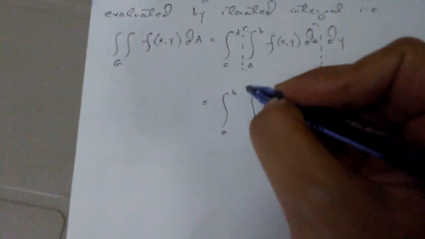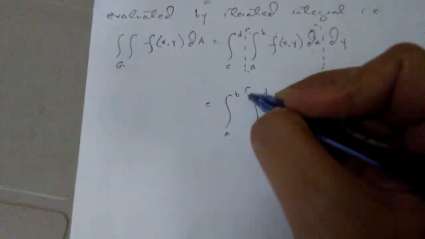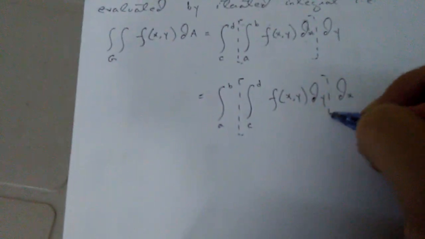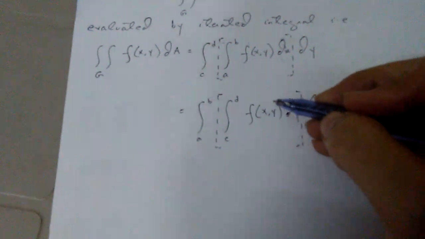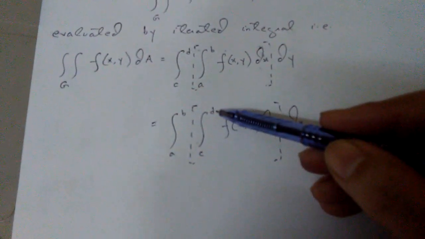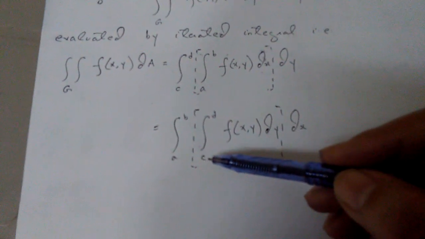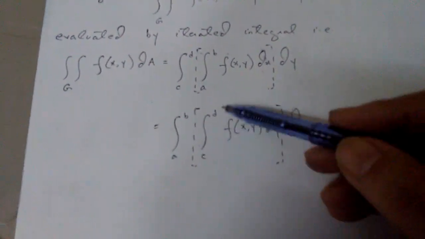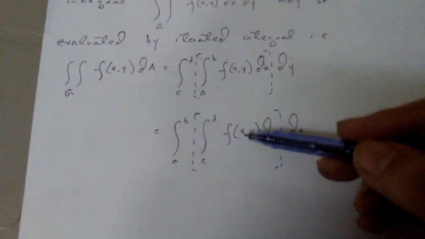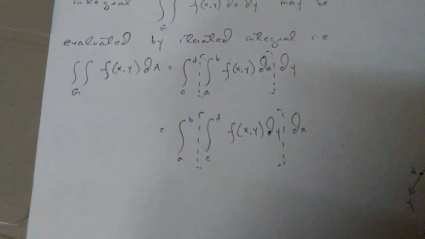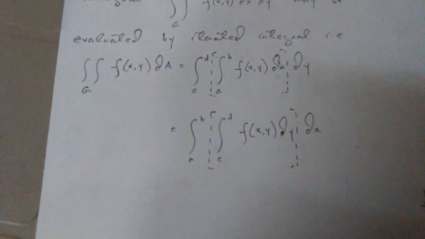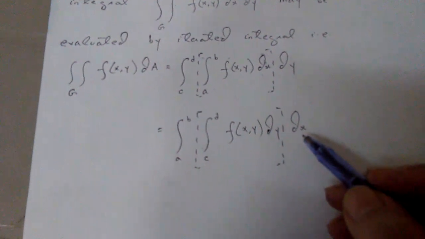Another way is that if you keep your x variable as a constant and you integrate this function with respect to y, then you perform the integral limits of the y variable first, and whatever answer you get is definitely going to be in the form of some algebraic expression involving the x variable.